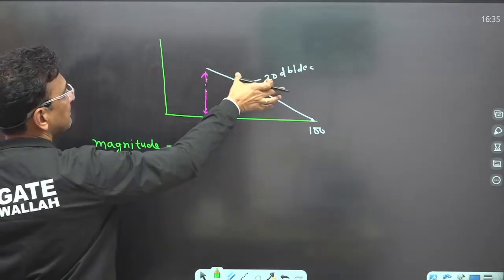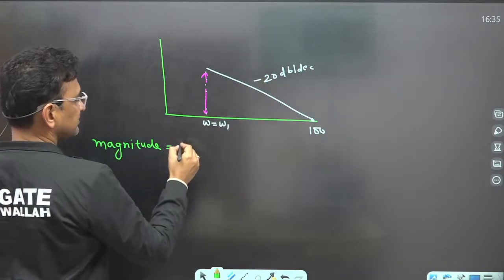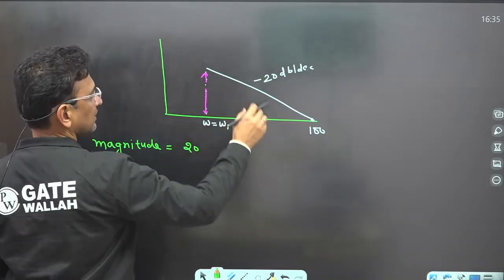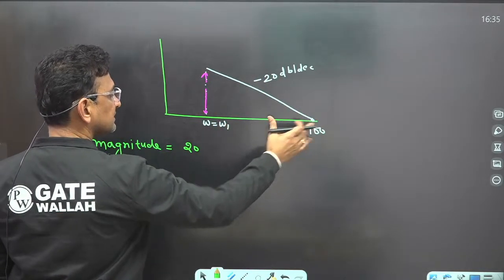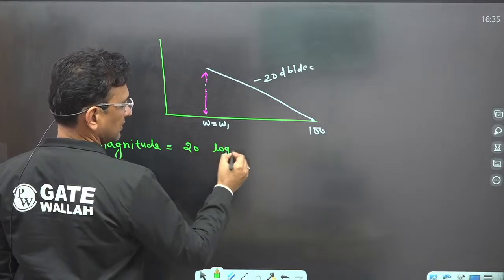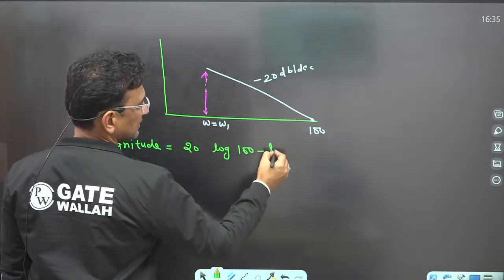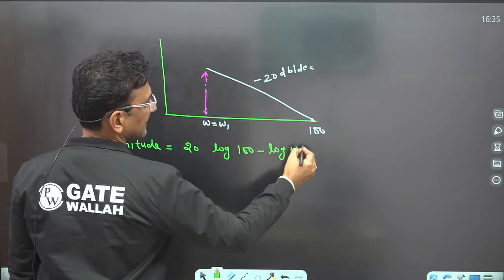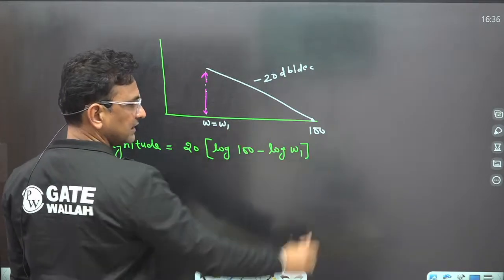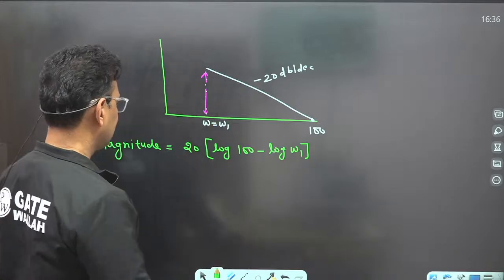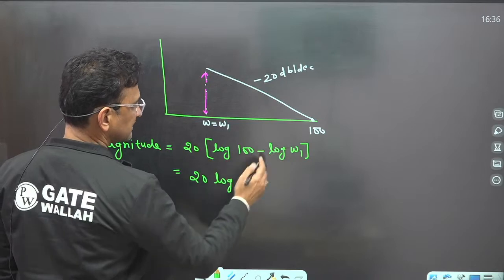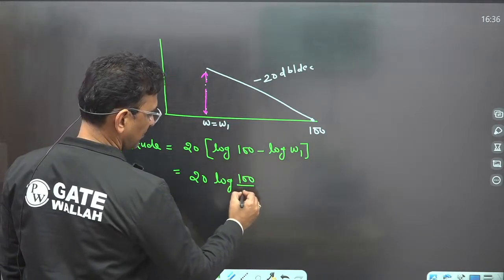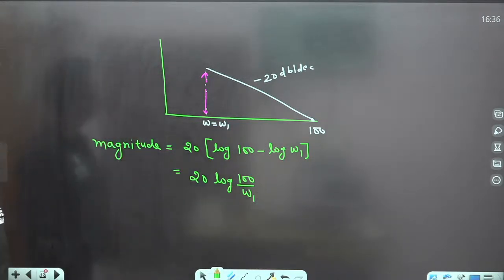Slope is -20, so taking the difference of log 100 minus log omega 1, because this scale is a decibel scale, it becomes 20 log of 100 upon omega 1. Clear up to this point?